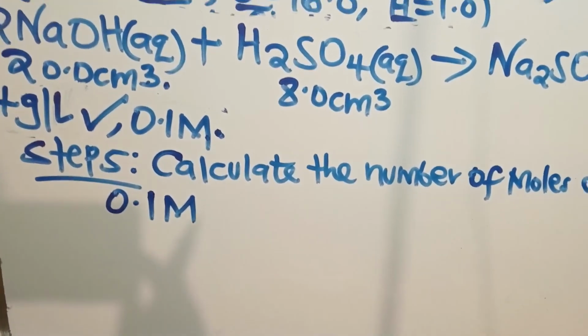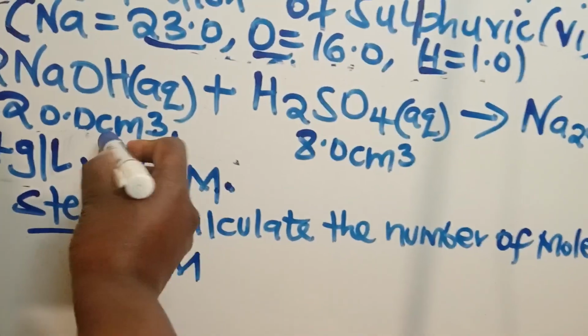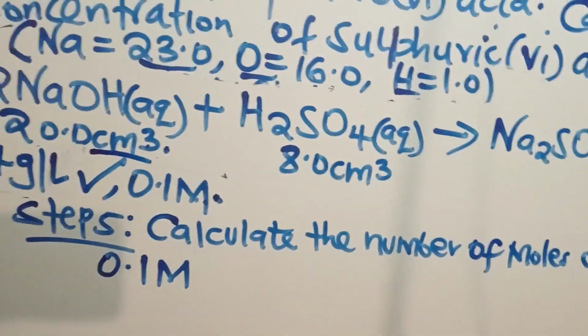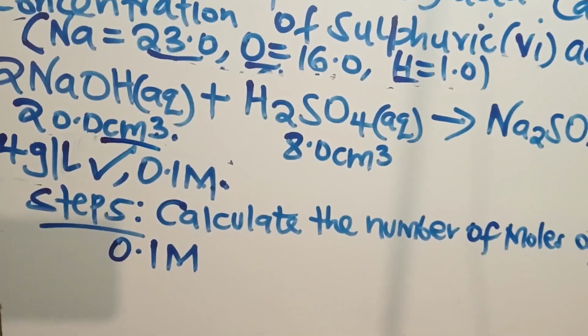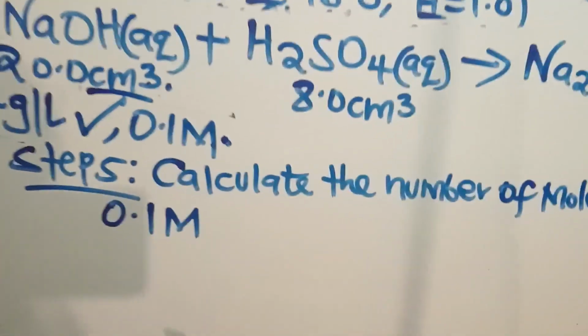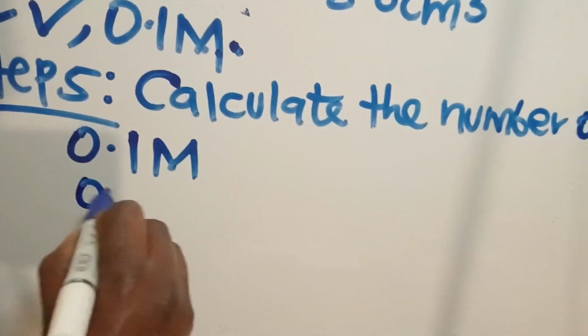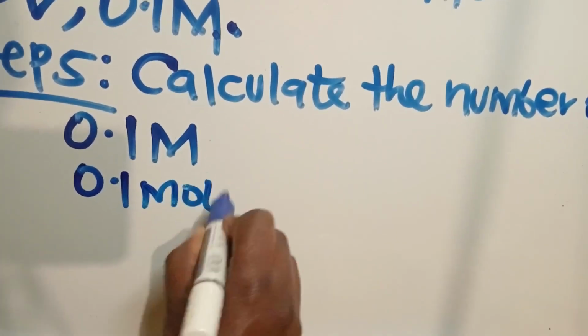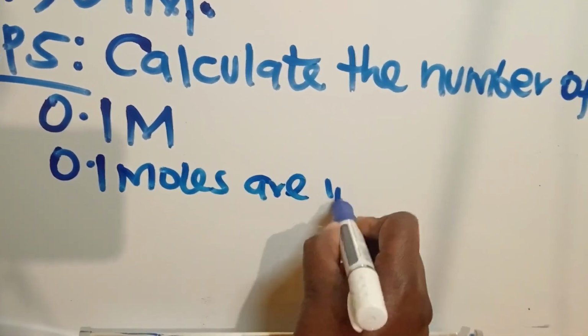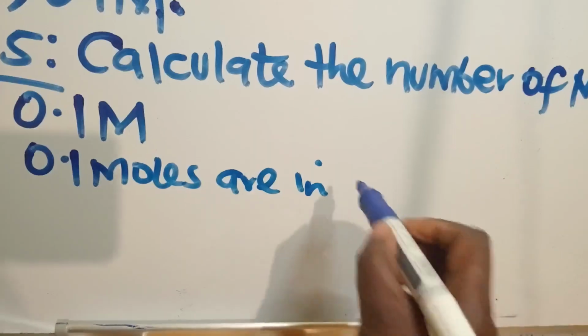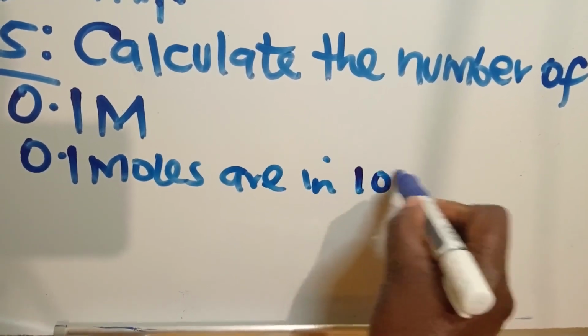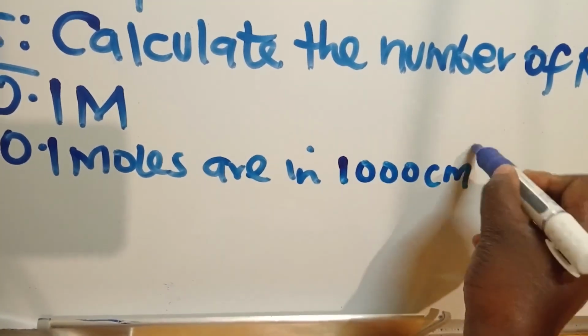And a liter in this case, now that you are using volume in centimeters cubed, a liter has 1,000 centimeters cubed. So we write 0.1 moles are in a liter, which is 1,000 centimeters cubed.